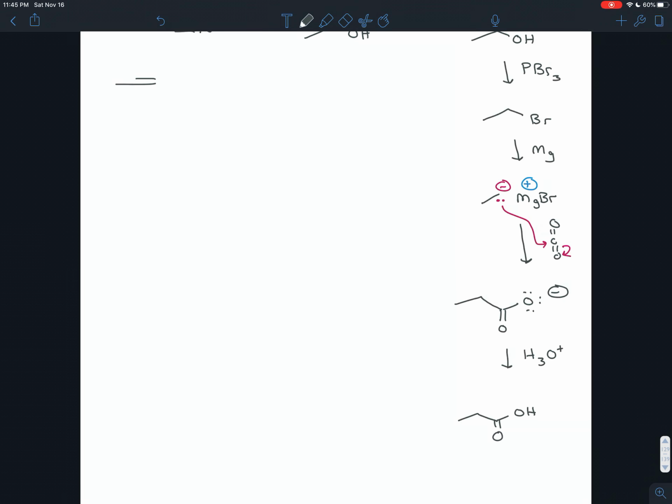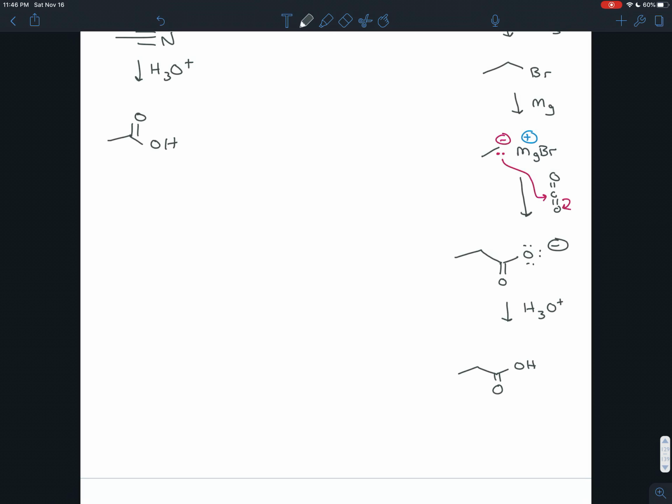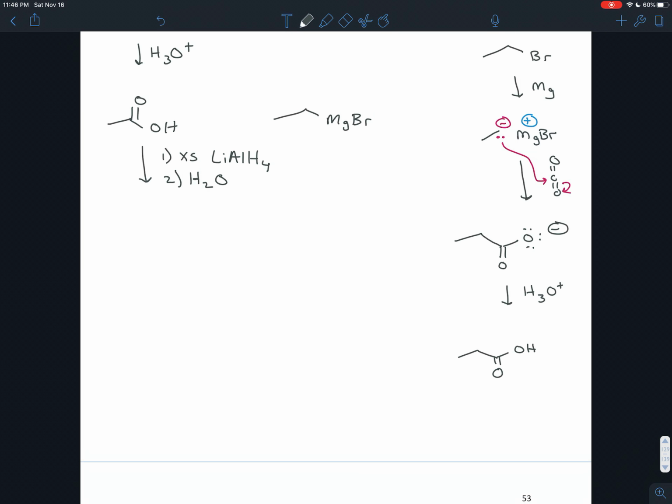We can take acetonitrile, get rid of the nitrogen by doing an acid-catalyzed hydrolysis, which turns it into the carboxylic acid, and then we can reduce it, right? We're trying to get this to look like this Grignard reagent, so we need to get rid of all these bonds to oxygens. So we reduce it first with excess lithium aluminum hydride, followed by just water to do proton transfers to stabilize any charges there.